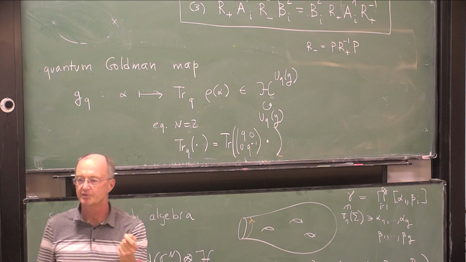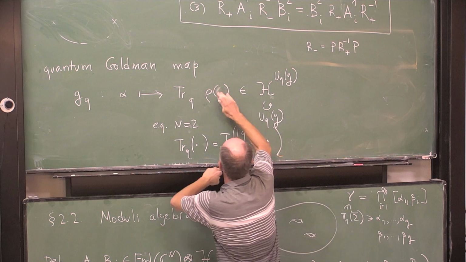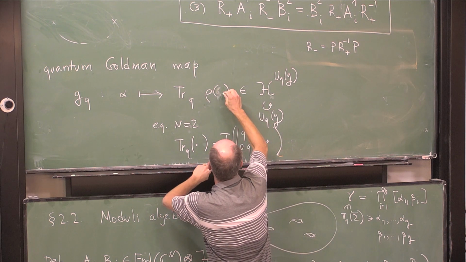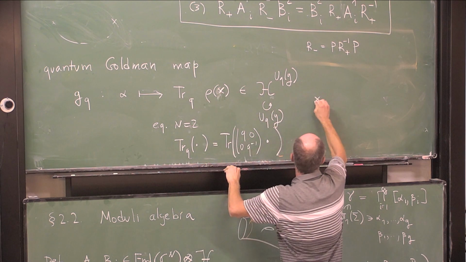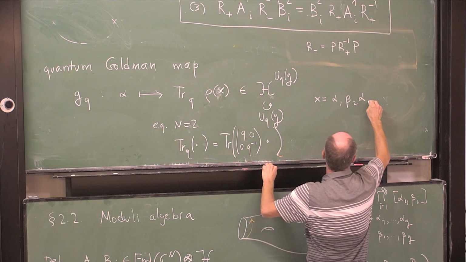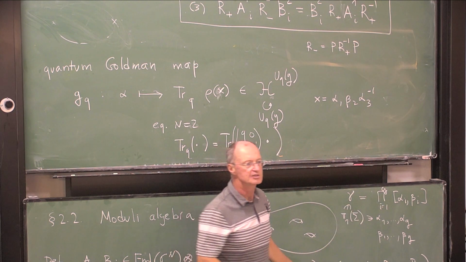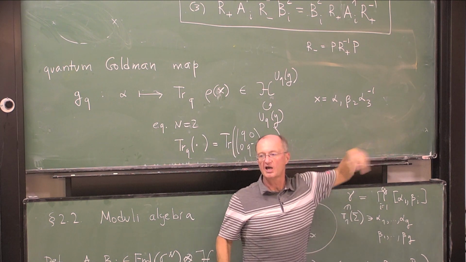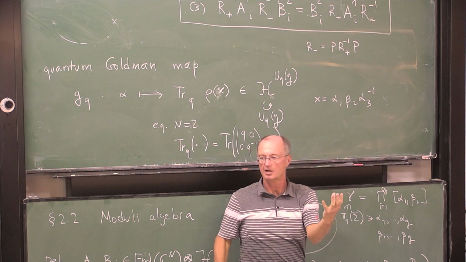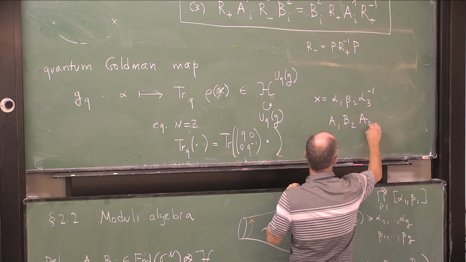The row map we build exactly in the same way as before. Suppose that x is alpha 1, beta 2, alpha 3 minus 1. To each of them we have a matrix, in our case A1, B2, A3 minus 1.